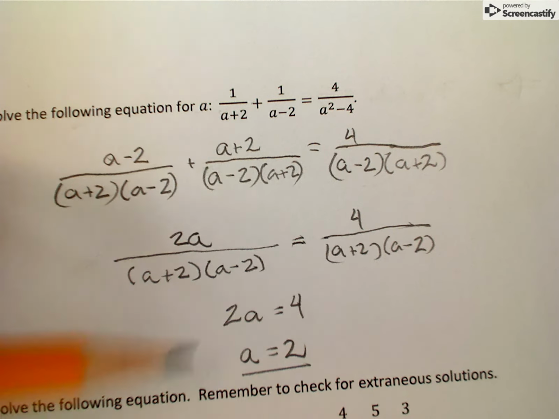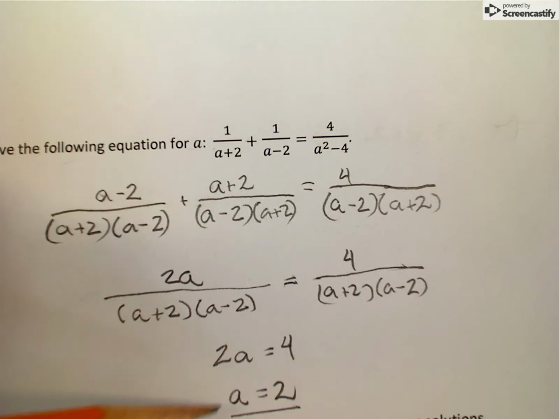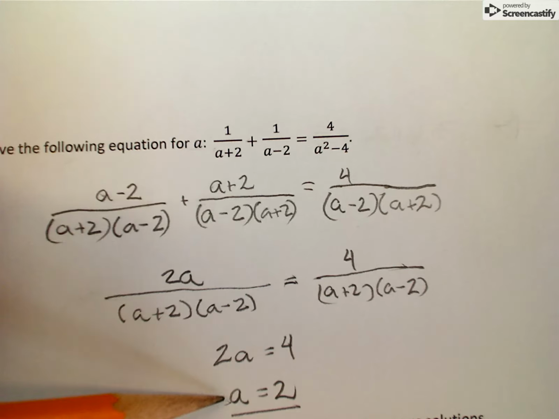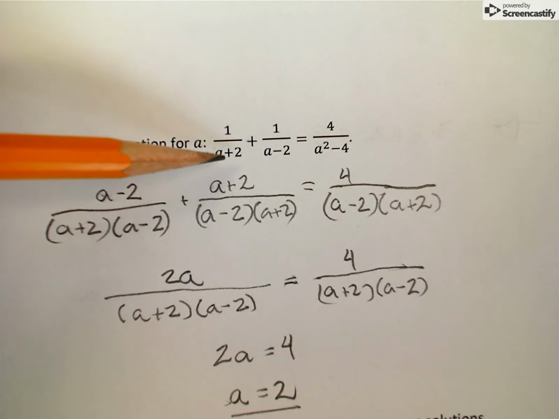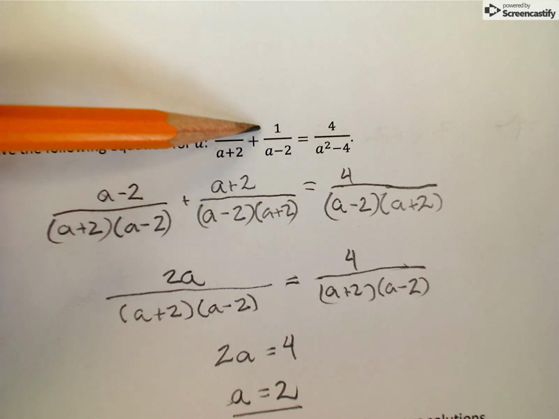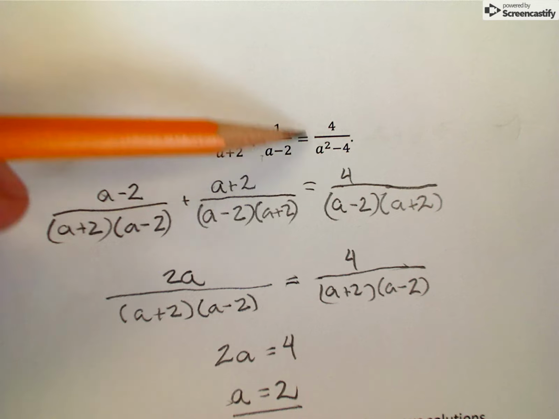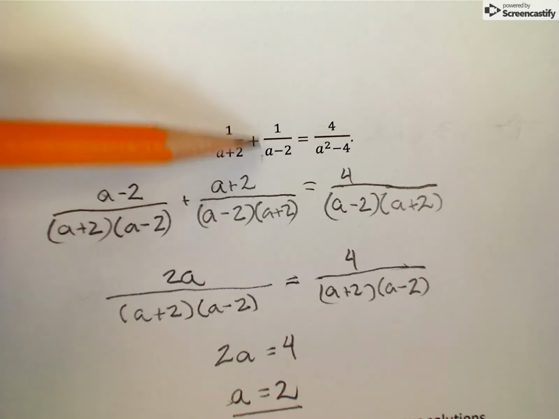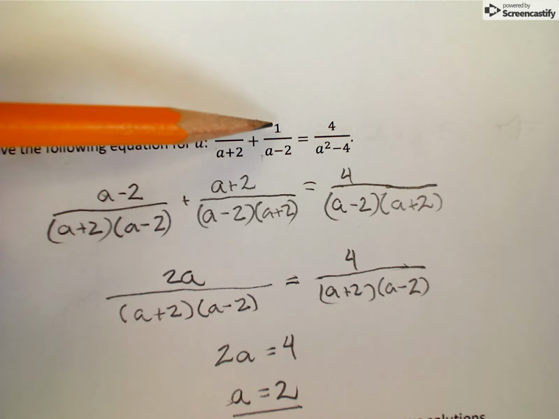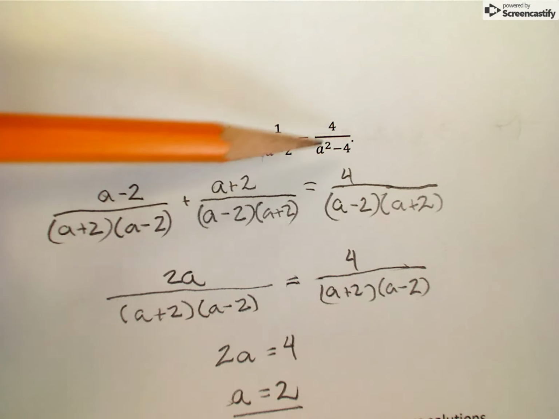But before I put a box around it, I need to just confirm that value of a, in fact, makes my original equation true. And maybe you already noticed that if I put a value of 2 in for a here, that causes this expression to be undefined. It would be 1 divided by 0, and dividing by 0 is undefined.